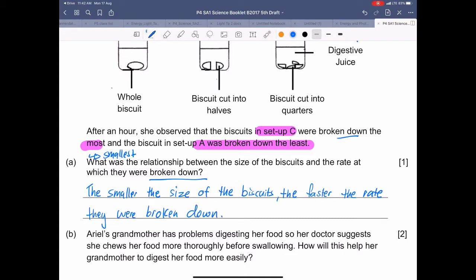So remember, whenever talking about a relationship, you need to describe two trends.